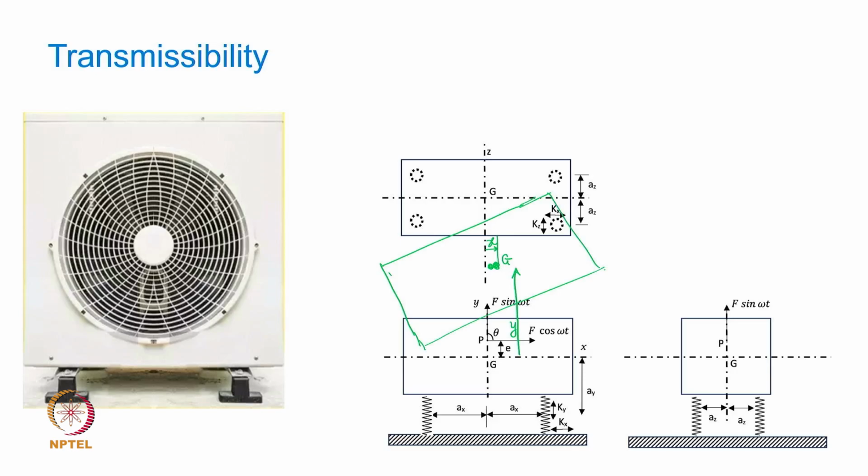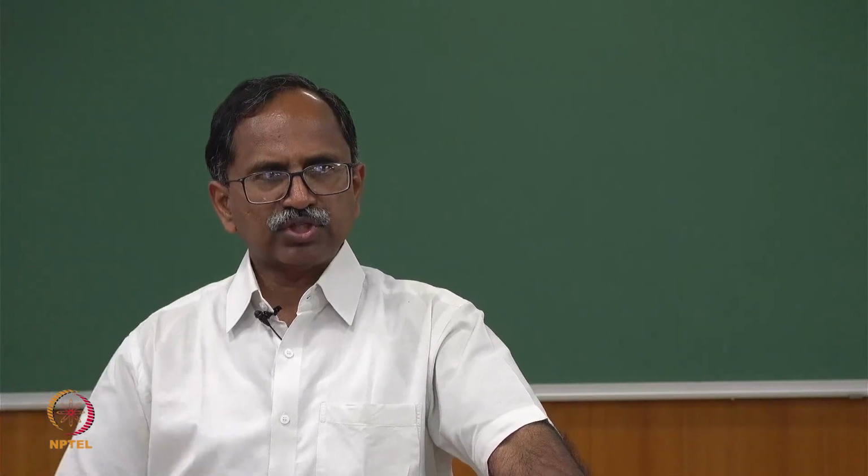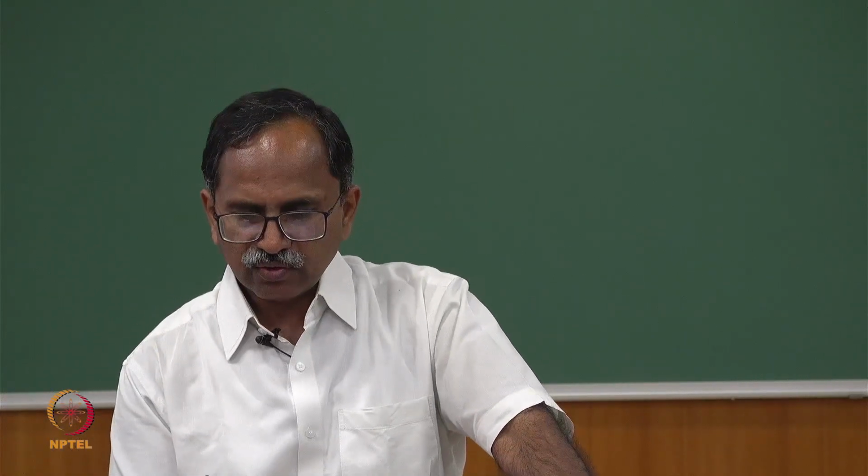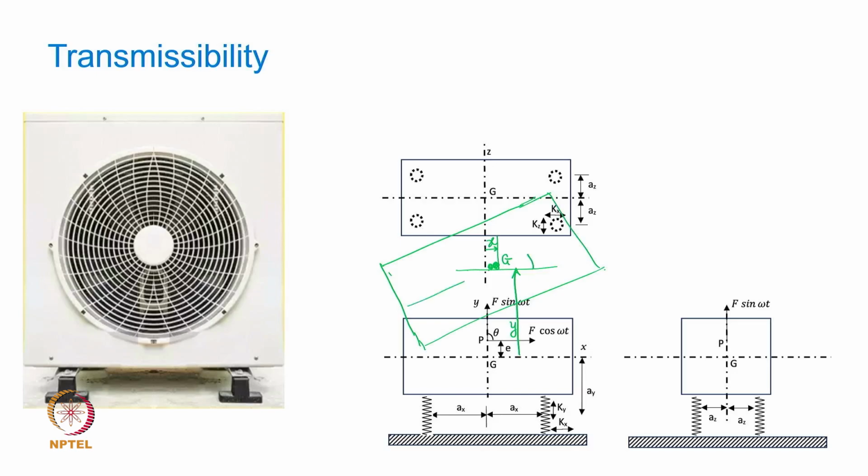But just for the sake of clarity, the motion is being shown here, that it is moved up, moved slightly horizontal. All the motions are independently possible, and then of course some amount of tilt is happening here.